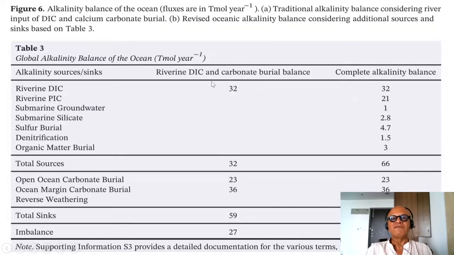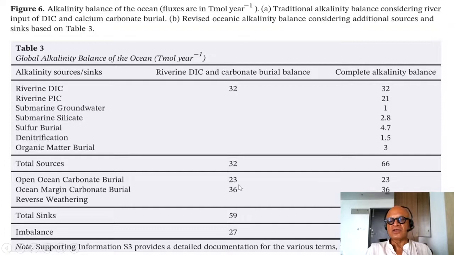So here riverine DIC and carbonate burial balance gives you a global alkalinity balance of 32 teramoles per year flux, whereas when you add all these together, this is 32 teramoles per year, and when you include these other things, that's 66 teramoles per year of fluxes. Open ocean carbonate burial is 23, and open ocean margin carbonate burial is 36, as we saw.